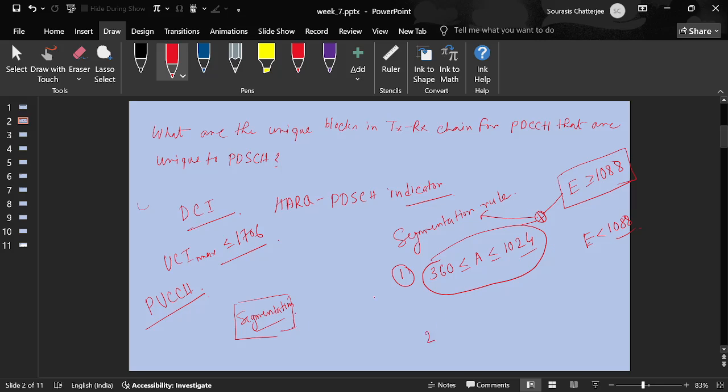And there is another scenario. Can you just say what is the second rule, the second scenario? It's kind of obvious. Yeah, if it is greater than 1024. Of course, if it is greater than 1024, then you will anyway need to segment it.